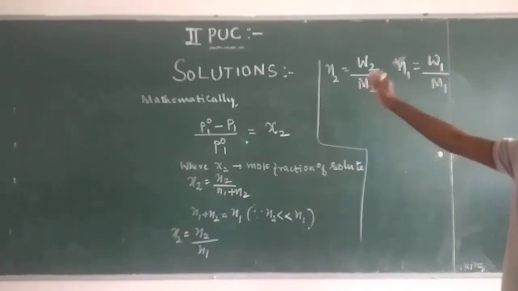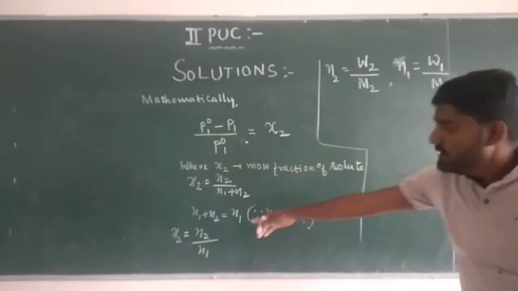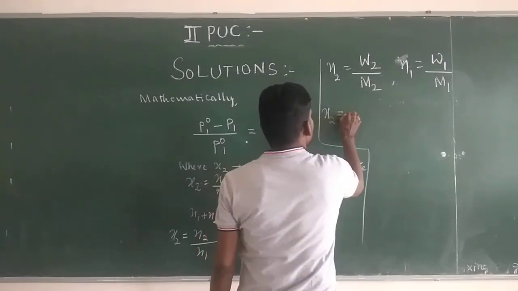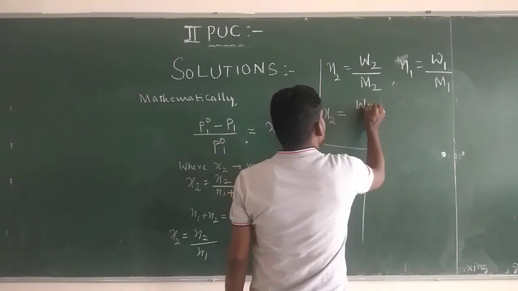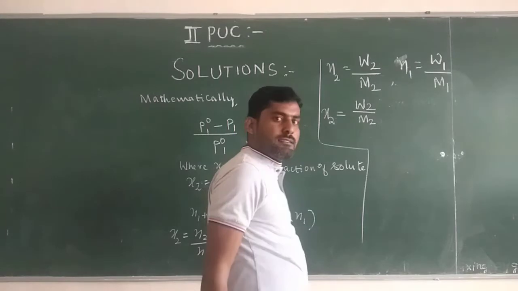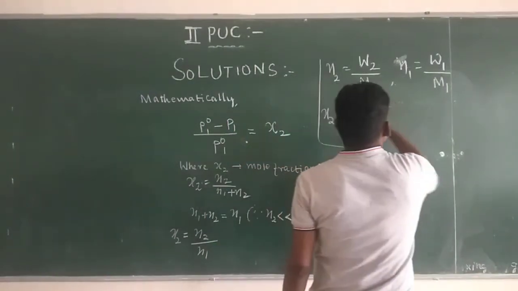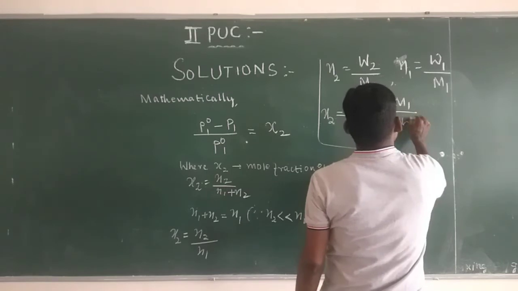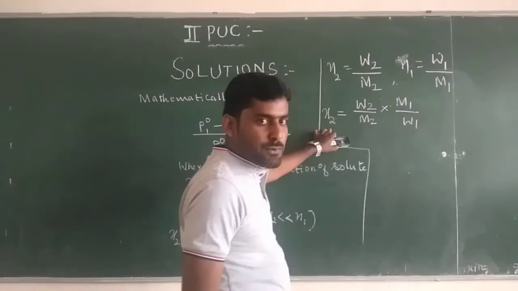Applying N2 and N1 in the mole fraction, X2 is equal to W2 divided by M2, into M1 divided by W1. So this is X2.